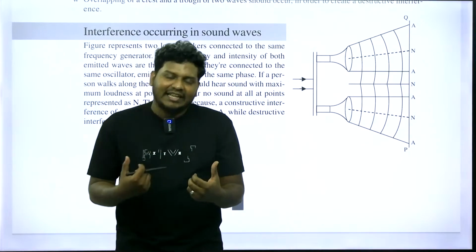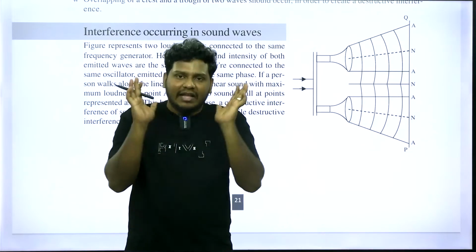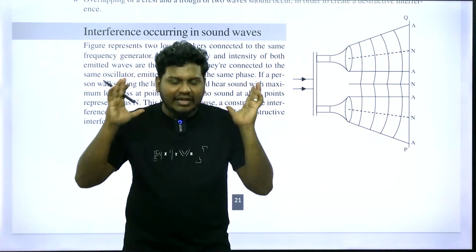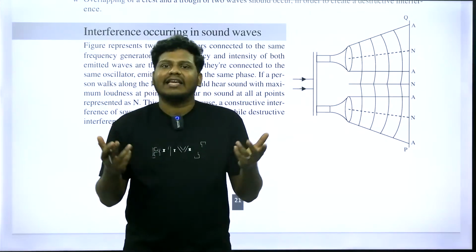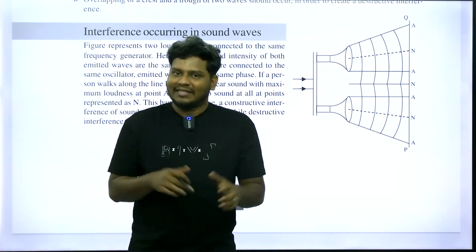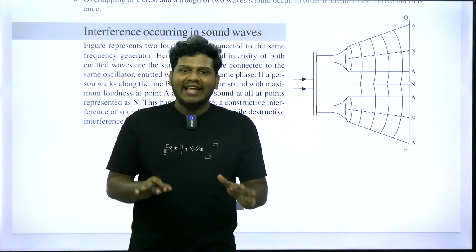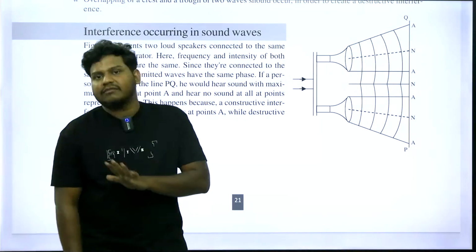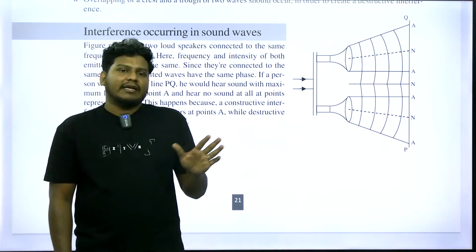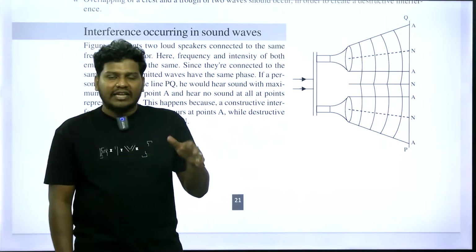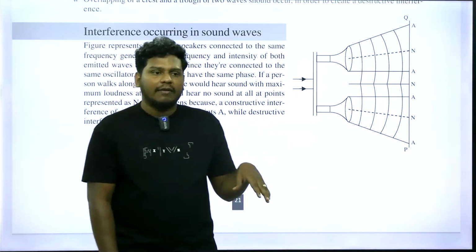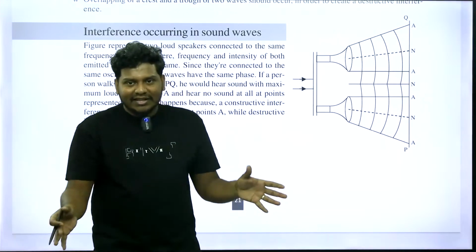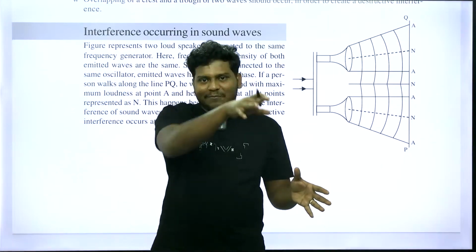If a person is sitting in a place where destructive interference is happening, he can't hear the sound, or the sound will be low. So you should be aware of these things. This is very important in sound engineering chapters. In a concert hall, the seating is also very important.